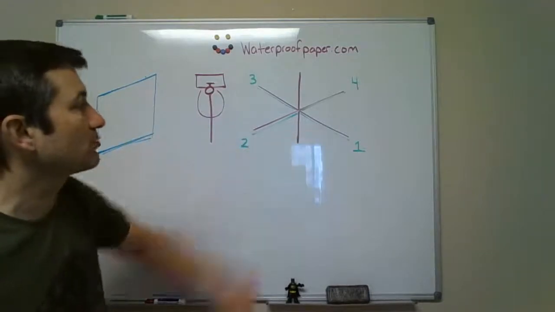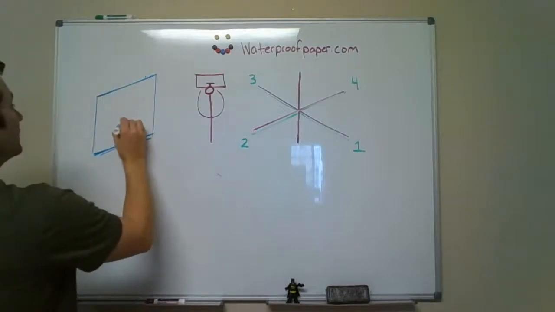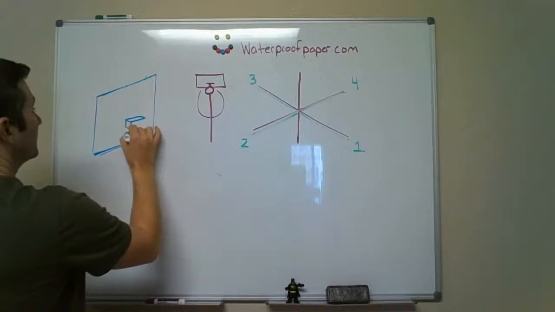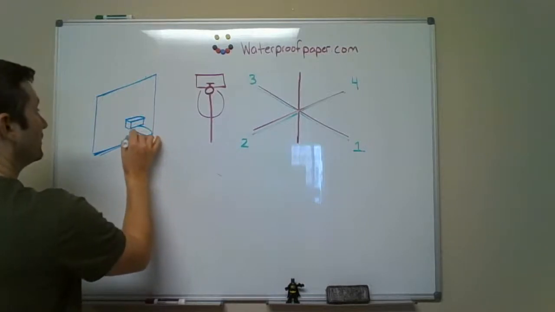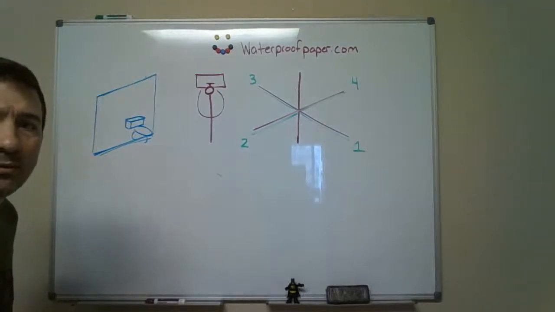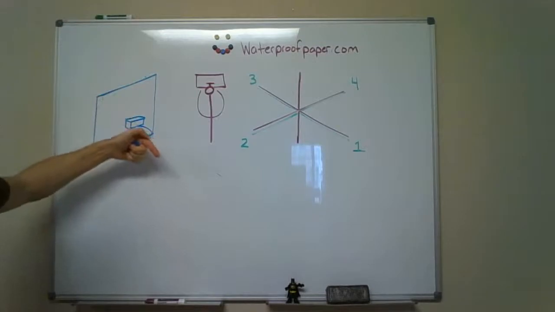So if I was going to draw my toilet from perspective 1, see how the toilet is pointing out facing the number 1?